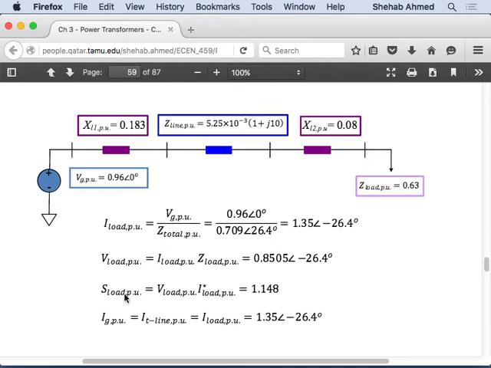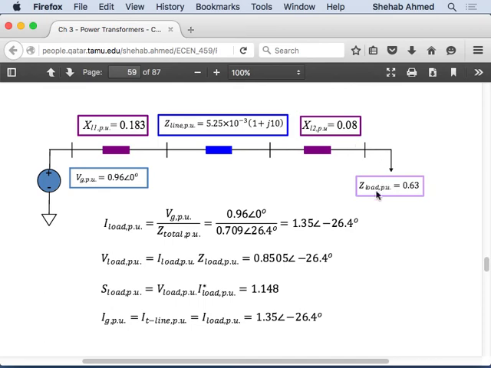And the power is the voltage times the current conjugate, right? There's no 3 anymore, because the voltages and currents are in per unit. The generator current in per unit is the same as the transmission line current in per unit, which is the same as the load current in per unit. They're all the same in per unit, right?